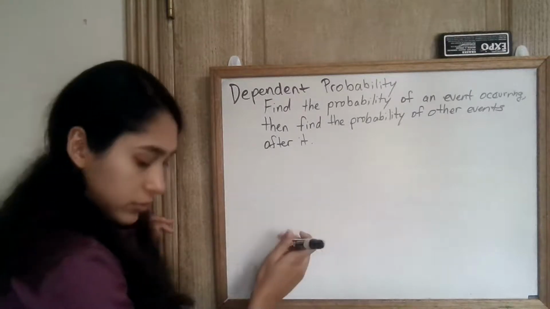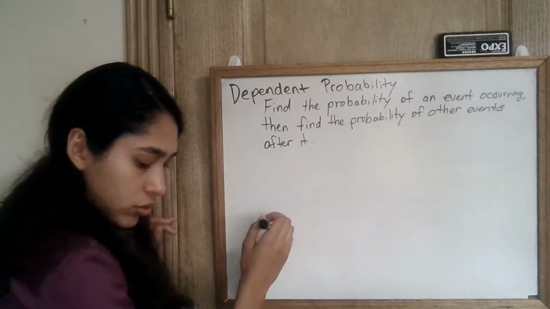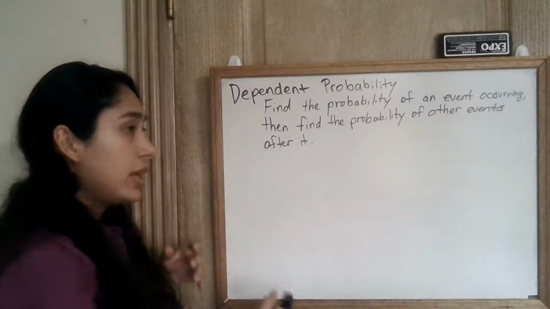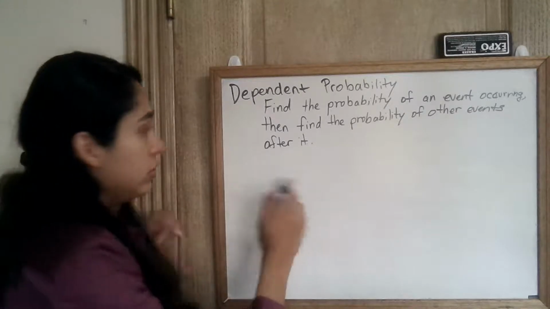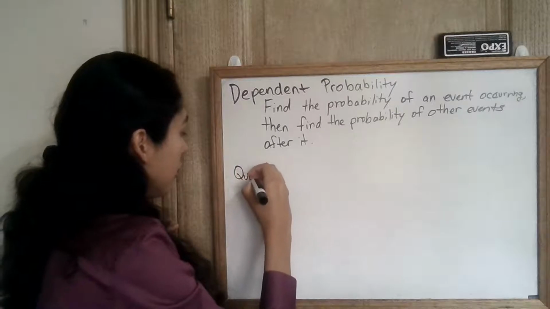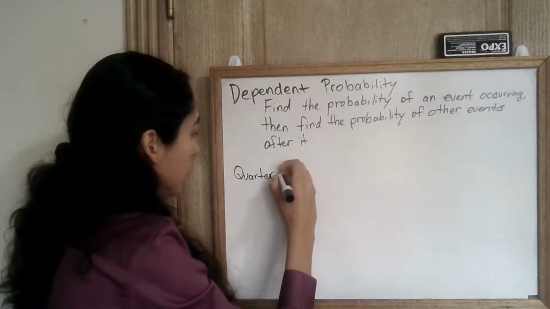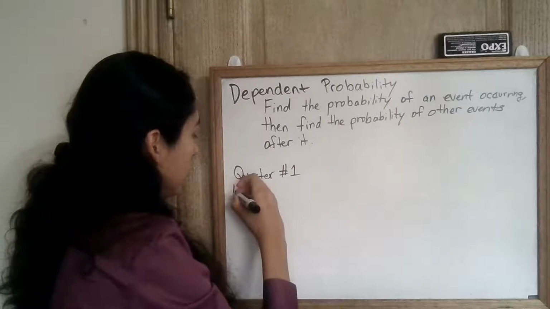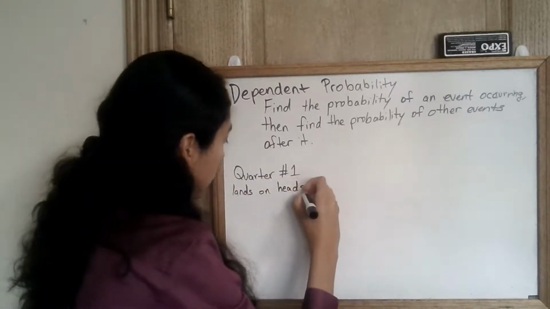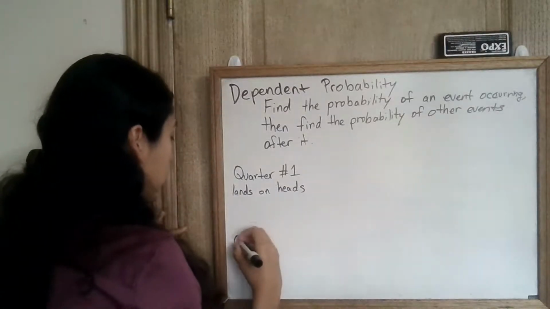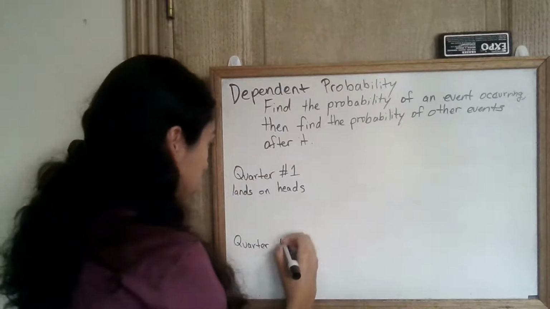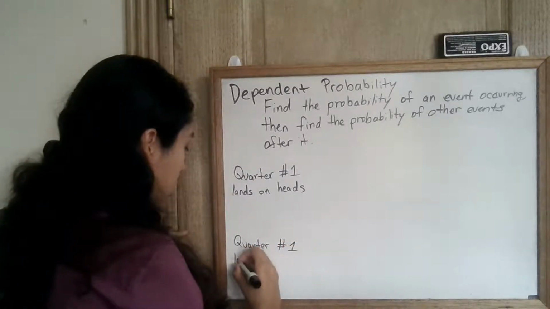Let's use a quarter. So let's say that there's two options. We're just gonna say that it can either land on heads or on tails. So it lands on heads, quarter number one. Or it lands on tails, still quarter number one.